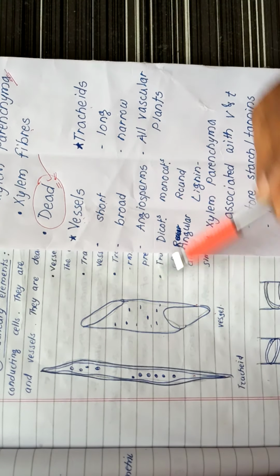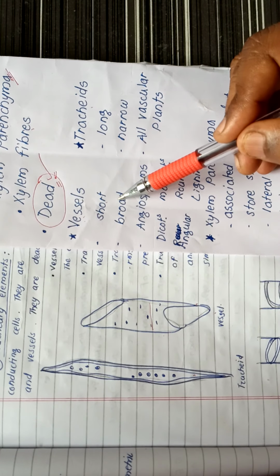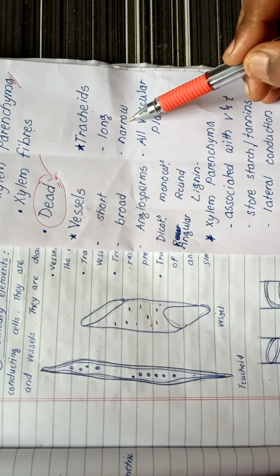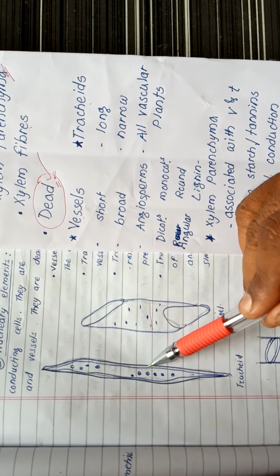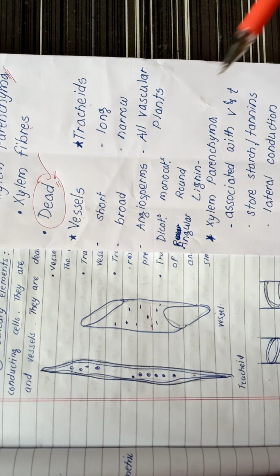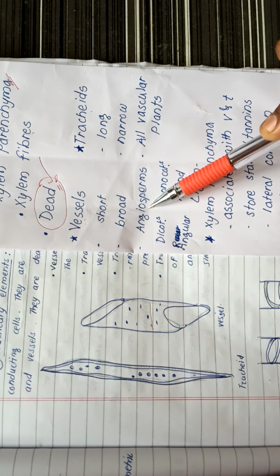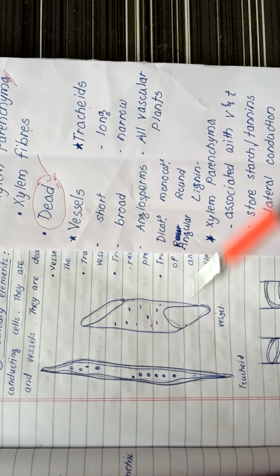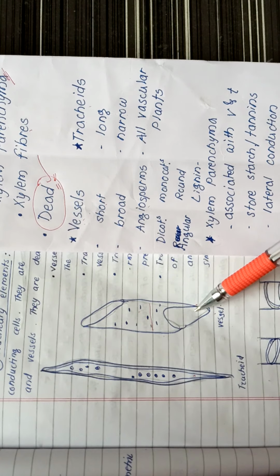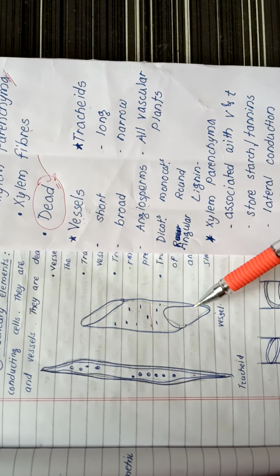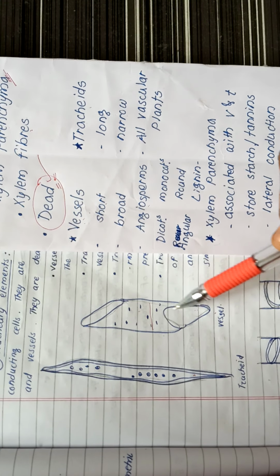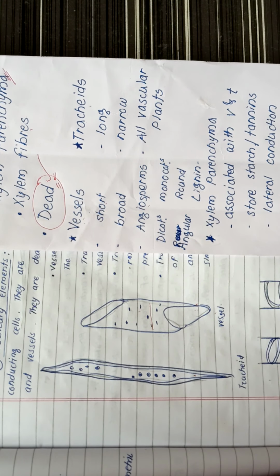The vessel is broad. The tracheid is narrow. The vessels are present only in angiosperms and some gymnosperms. In gymnosperms, the order Gnetales has vessels.